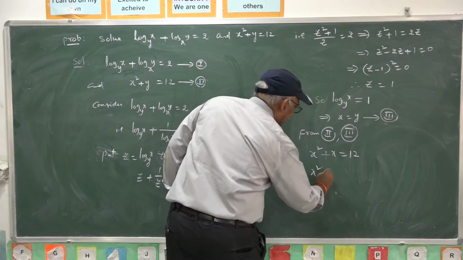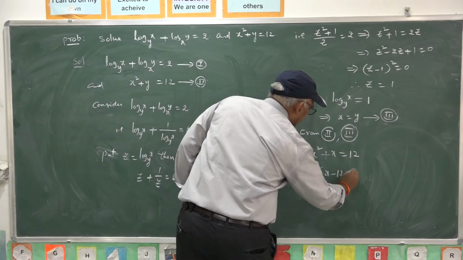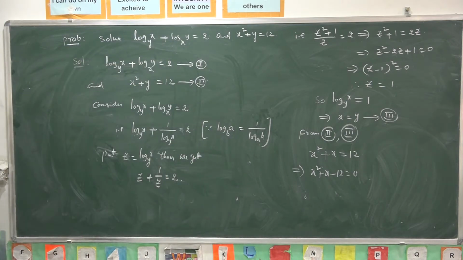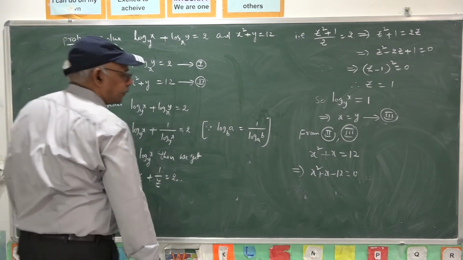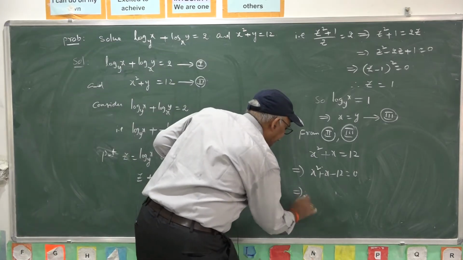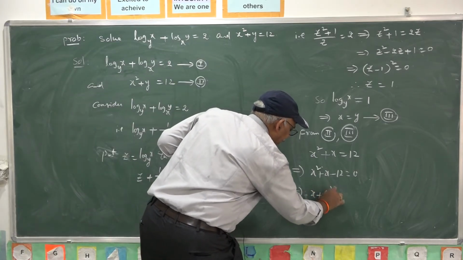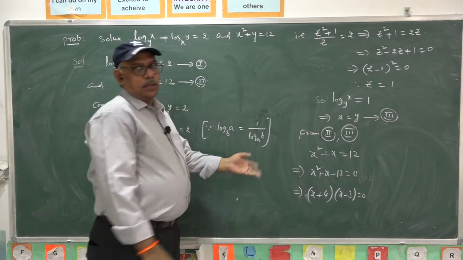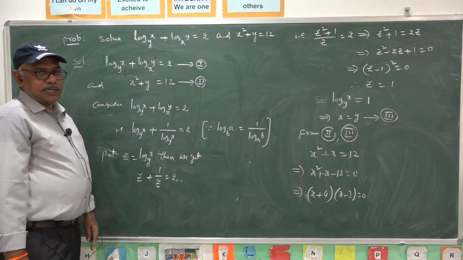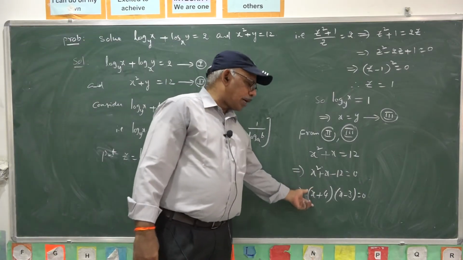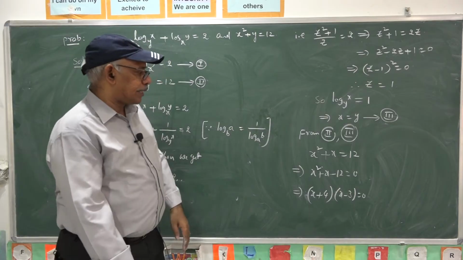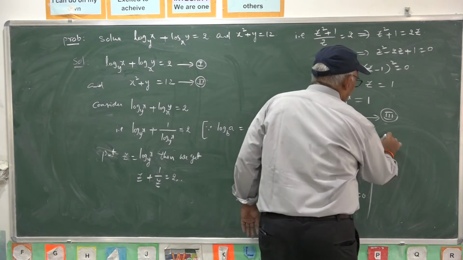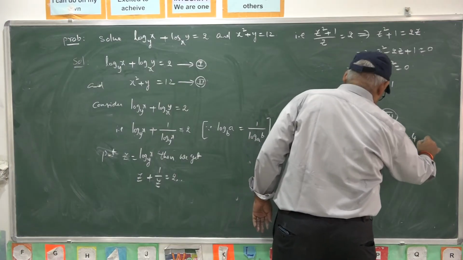That gives us x square plus x minus 12 equal to 0, which gives us x plus 4 into x minus 3 equal to 0. The factors are clearly x plus 4 into x minus 3 equal to 0. You can factorize this quadratic as a product of two linear factors. Clearly, x equal to minus 4 or 3.